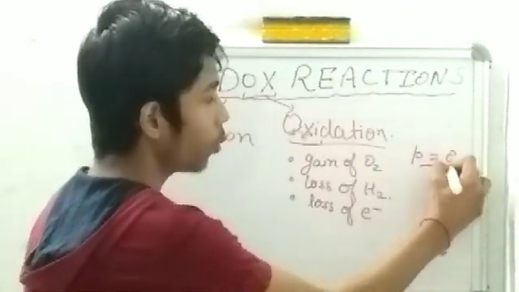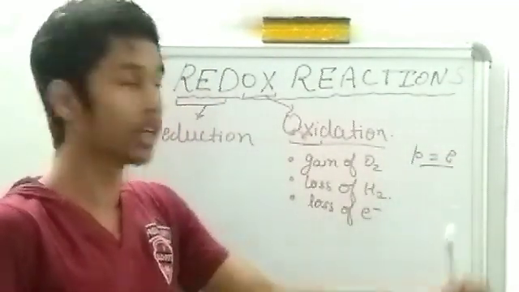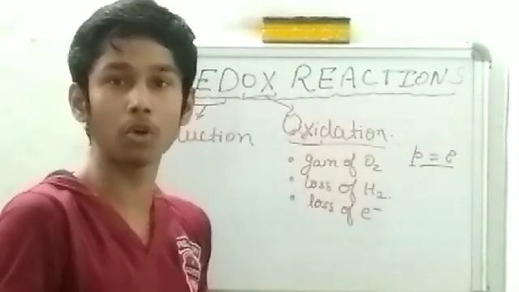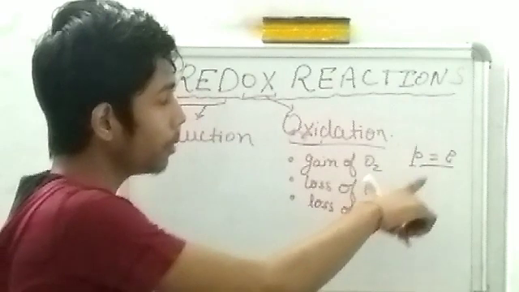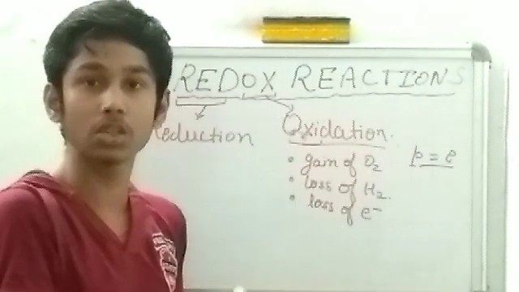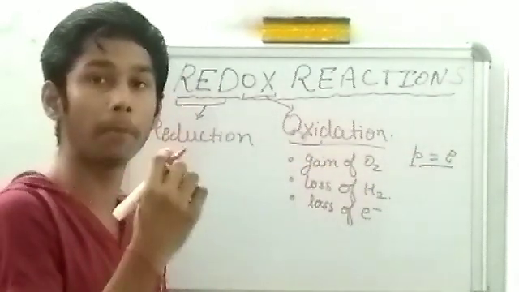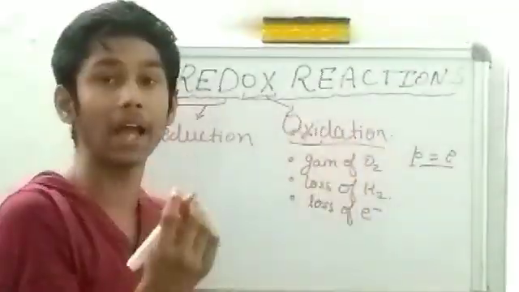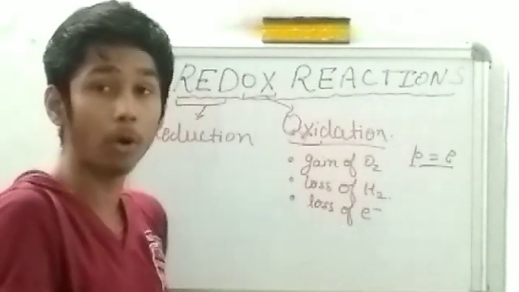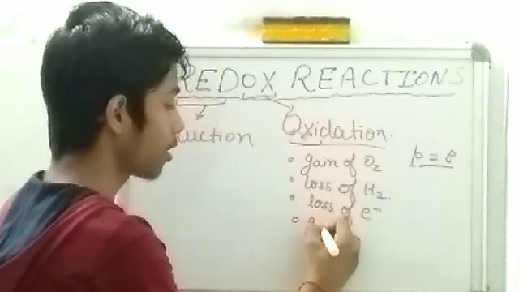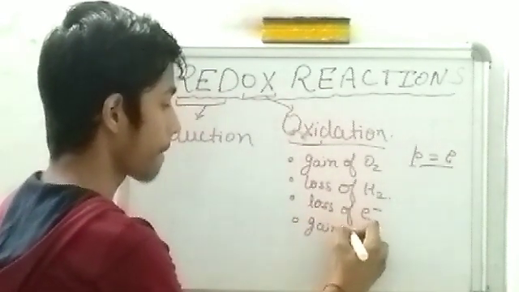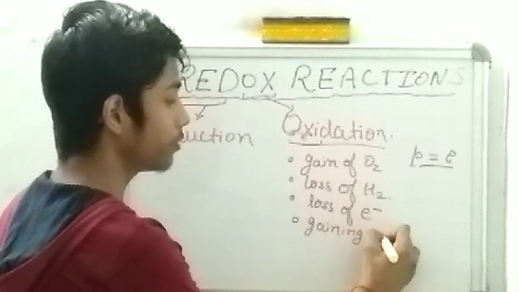So when an electron is lost, the number of protons becomes higher than the number of electrons. So oxidation also happens when an element gains a positive charge.